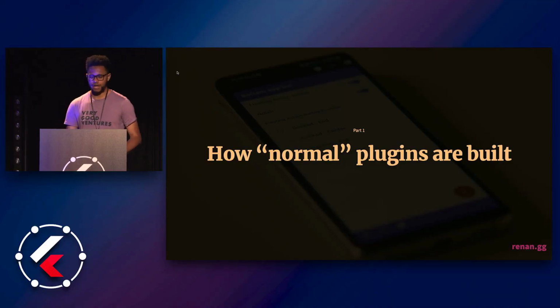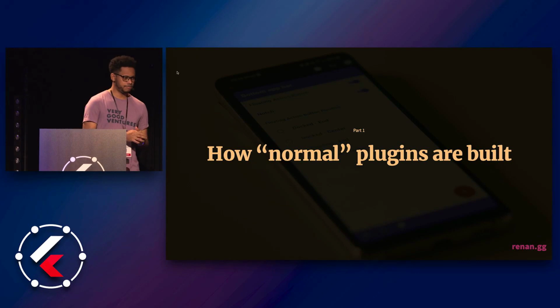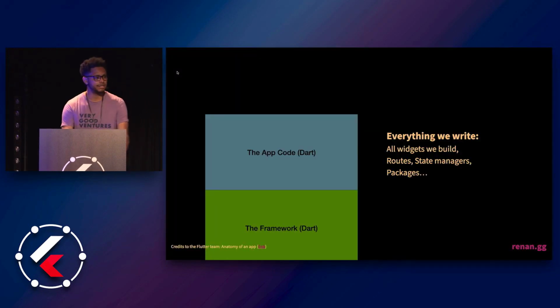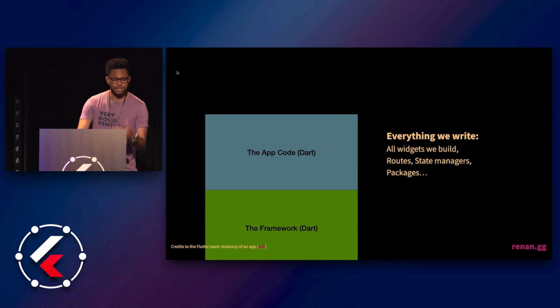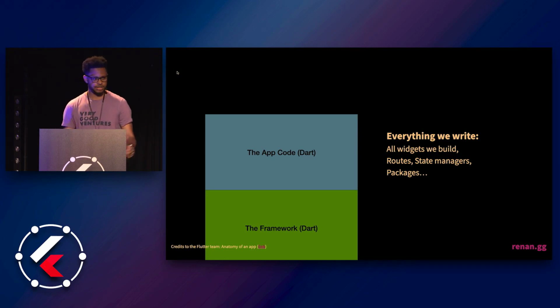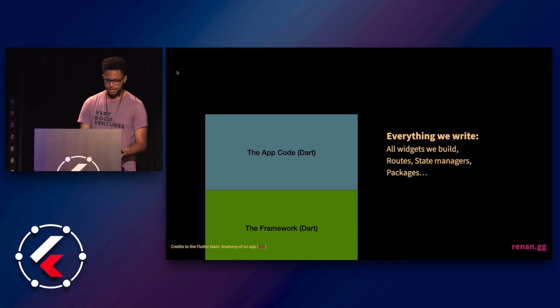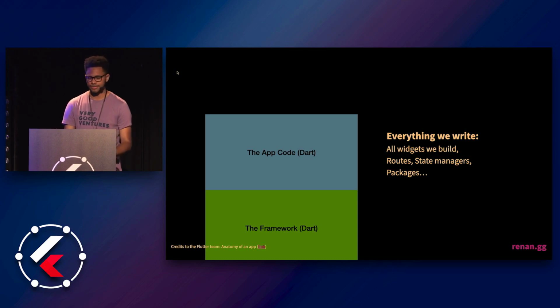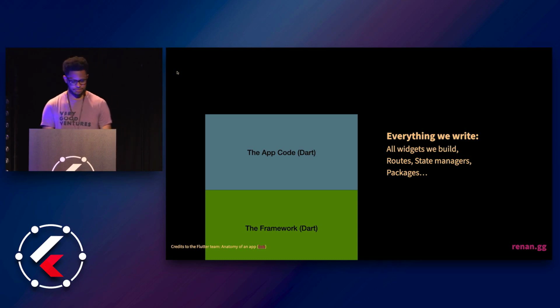All right. So first and foremost, let's look into how plugins are built. What's the structure of Flutter plugins today? To do that, we also have to understand the structure of a Flutter application. Every Flutter application that we write has this structure that here we're going to represent as a bunch of rectangles. That's a fun way to represent things.